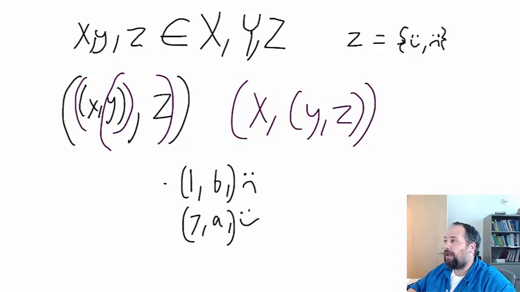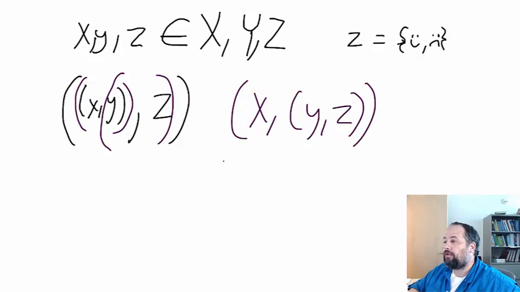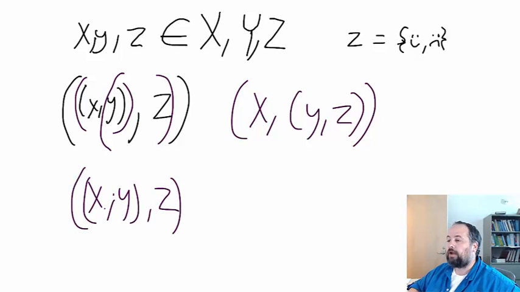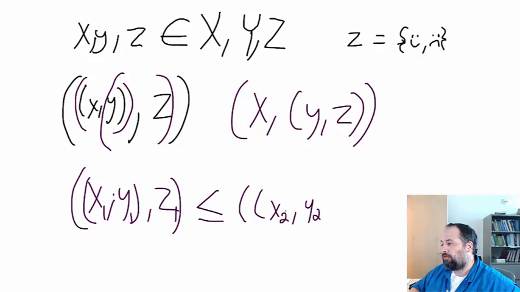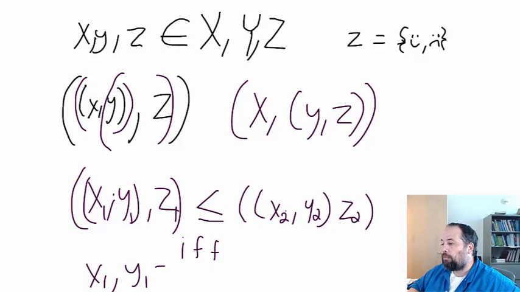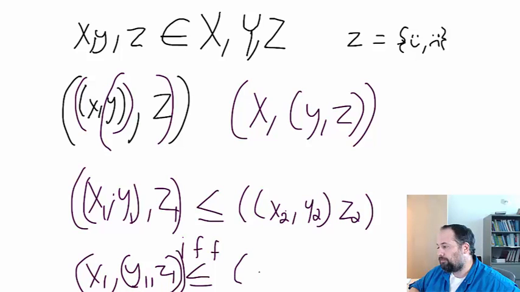The only way to prove that is to prove that (x1, y1, z1) precedes (x2, y2, z2) if and only if the other grouping does too, and you get the idea.